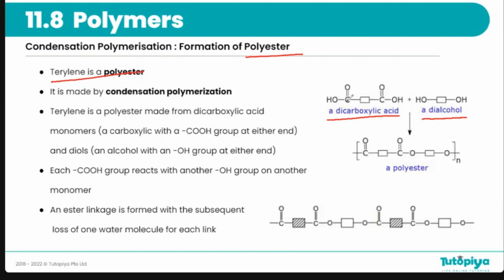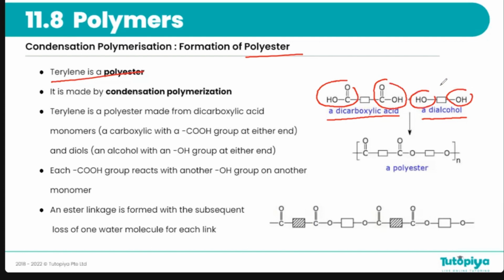And the two have to have the same functional group at both ends of the organic compound. See, it's a dicarboxylic acid and a dialcohol. It means there's a carboxylic acid at the left-hand corner and right-hand corner. Dialcohol means there's an OH group at the left-hand corner and the right-hand corner.